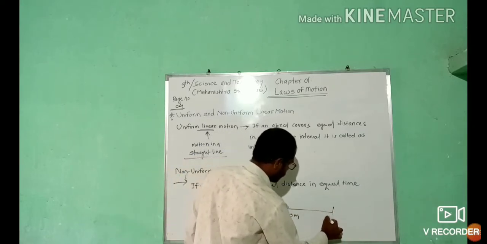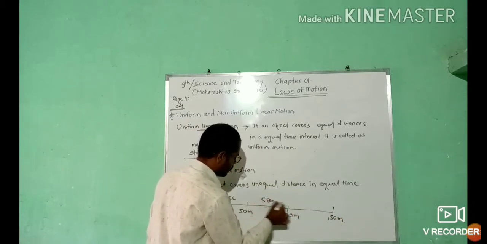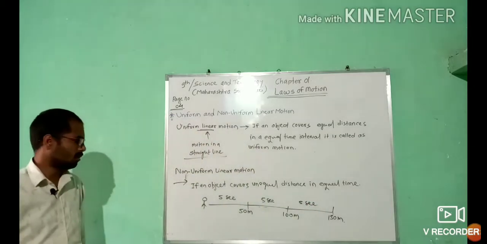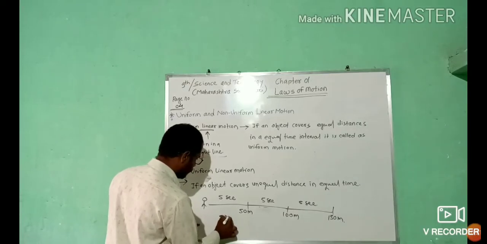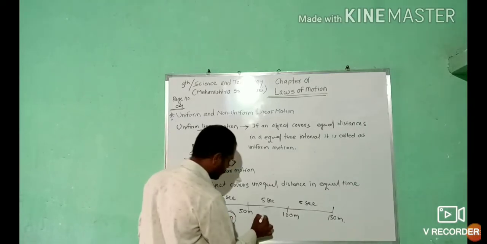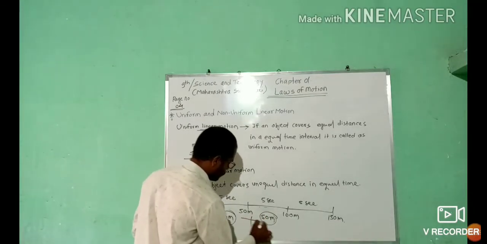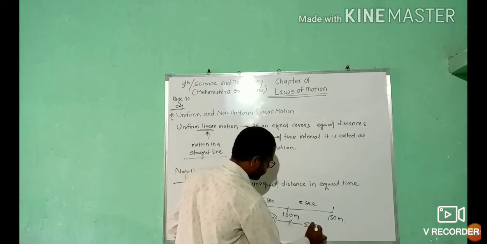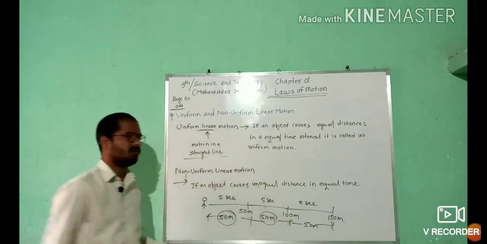Then he has covered 150 meters in the interval of 5 seconds. Okay, it means he has covered an equal amount of distance in an equal interval of time.